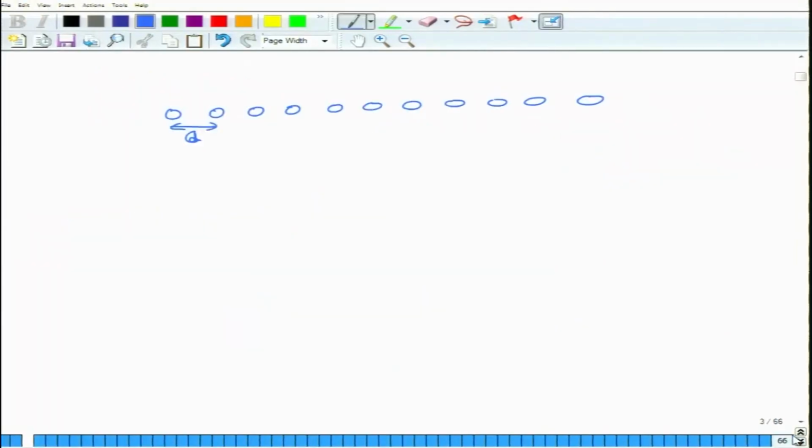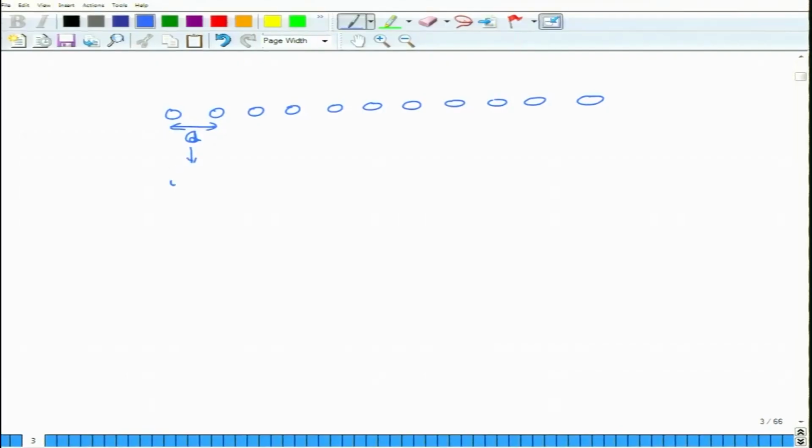Now, the question in the case of materials is this: if we consider materials as made up of millions of slits regularly spaced at a spacing a, this a happens to be of the order of a few angstroms, 2, 3, 4 angstroms.